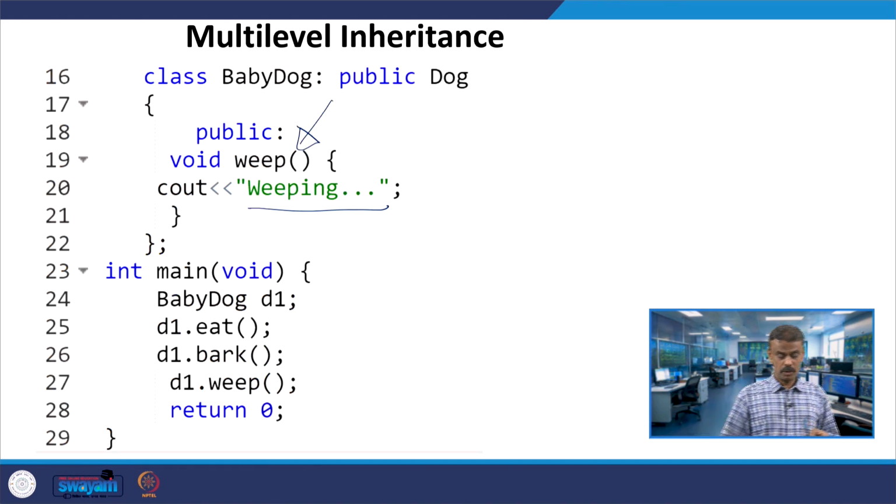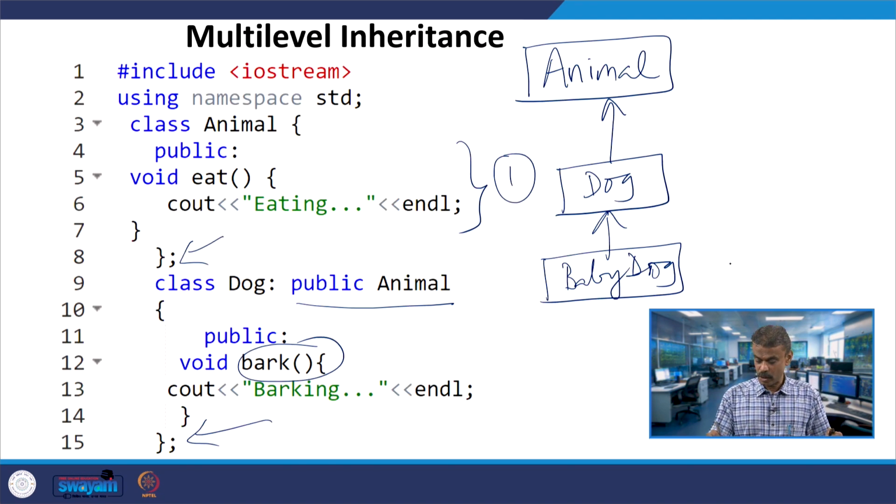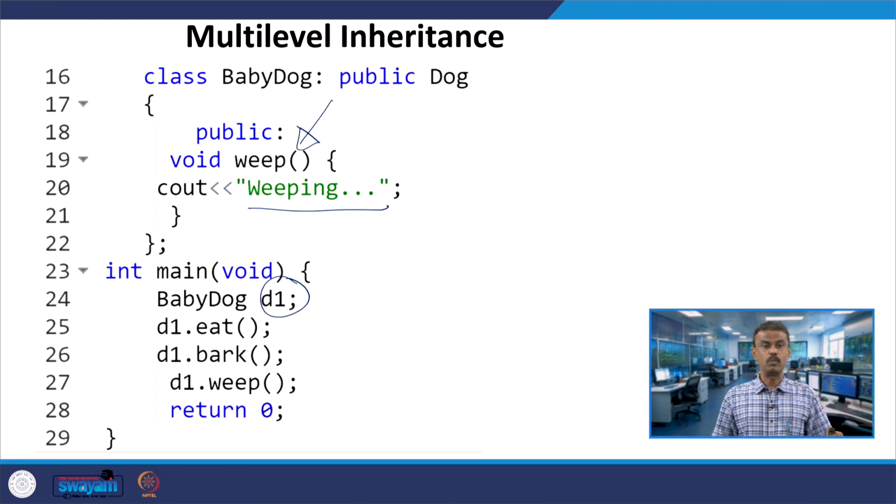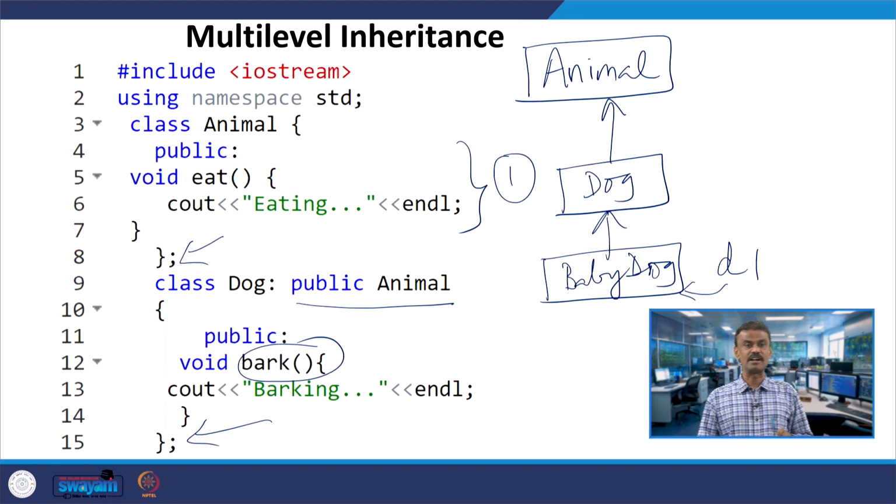Now assume that you are creating an object d1 under baby dog, which is invoking eat. Where is this eat member function available, at line number 5?